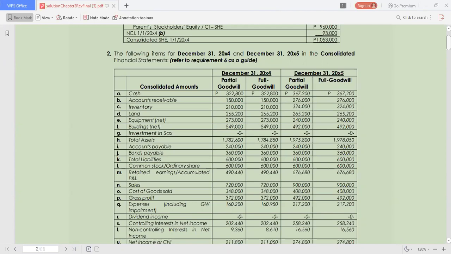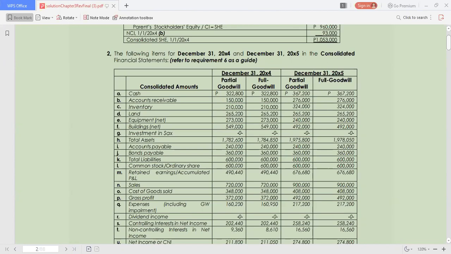So we have a difference of 2,250. Actually, we are not adding columns A up to G, but take note that we have goodwill as one of the assets. However, we have not integrated it here.